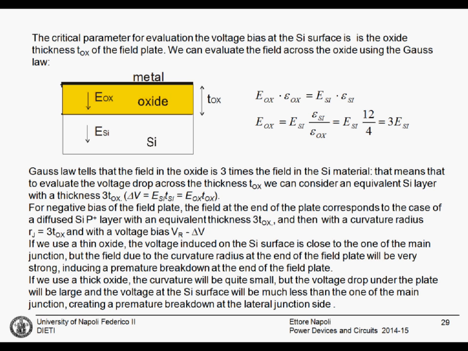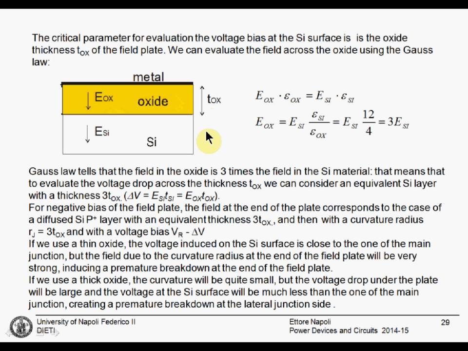The critical parameter for the evaluation of the voltage bias at the silicon surface is the oxide thickness of the field plate. We can evaluate the electric field across the oxide using the Gauss law. This is the metal. This is a dielectric region, an isolating region, that is the silicon dioxide.